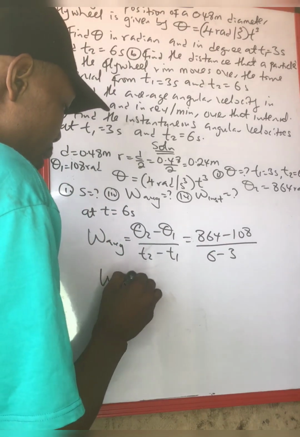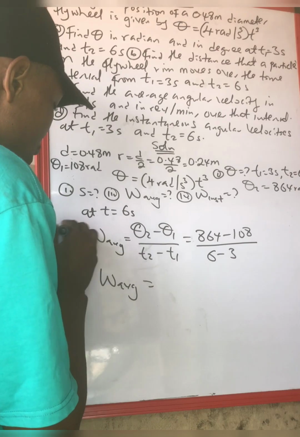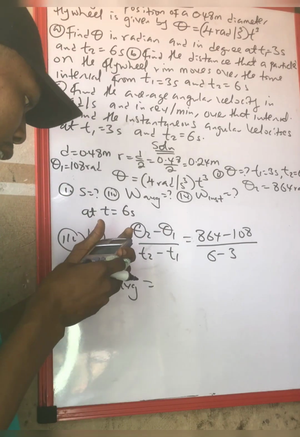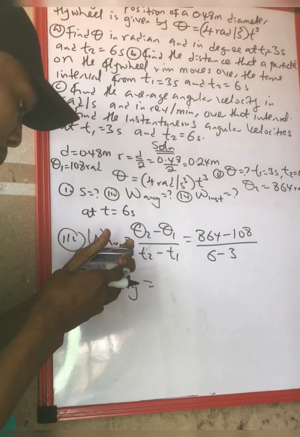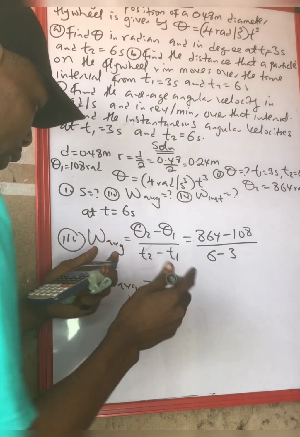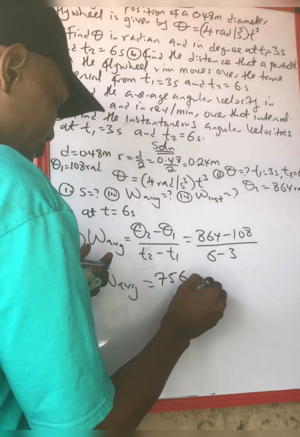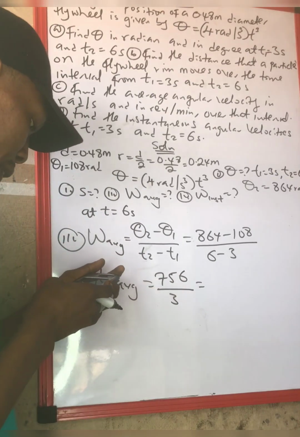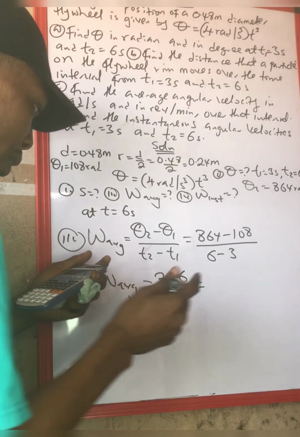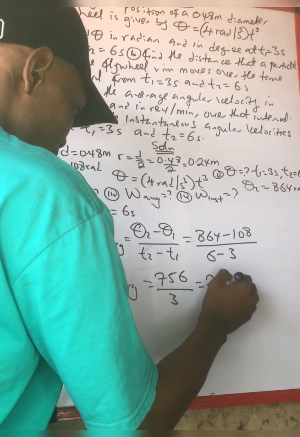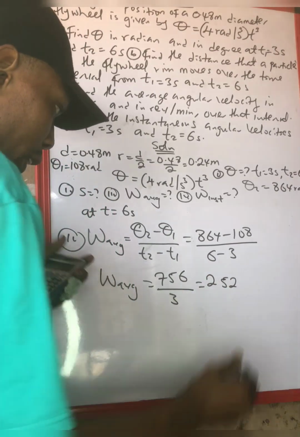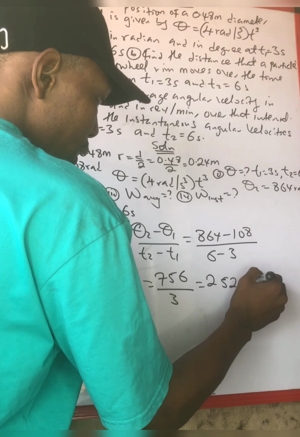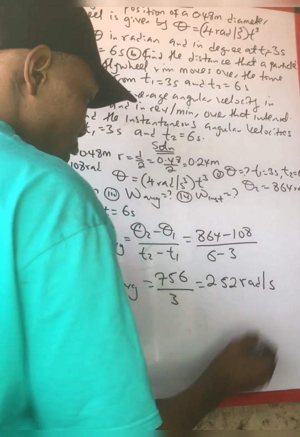So our omega average is going to give us 864 minus 108, which is 756, all over 3. So our answer is going to give us 252 rad per second.